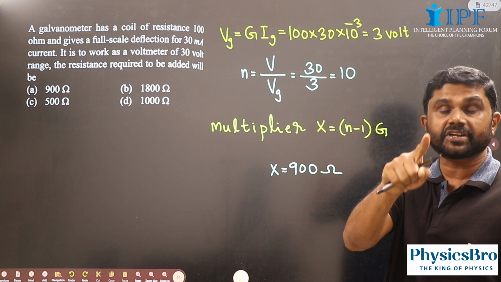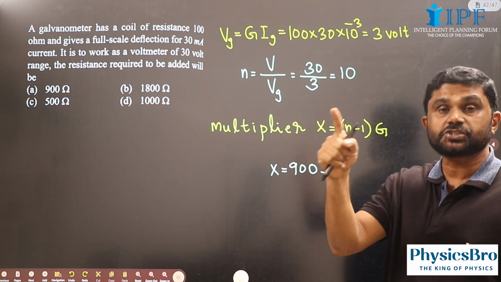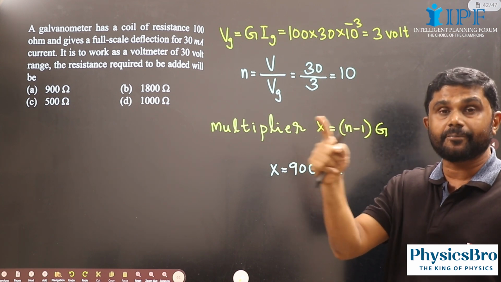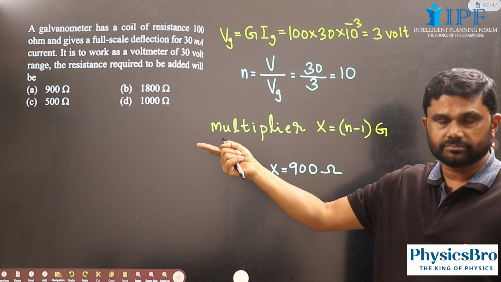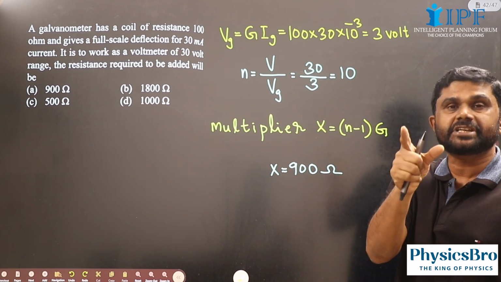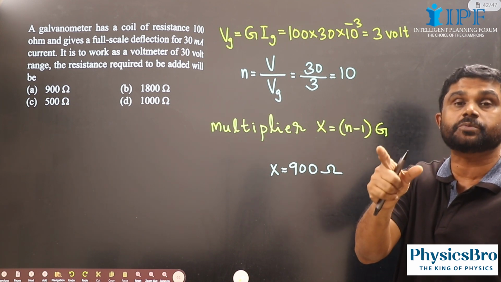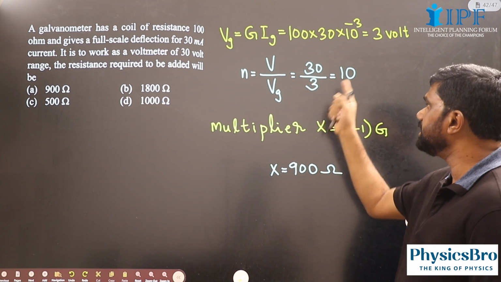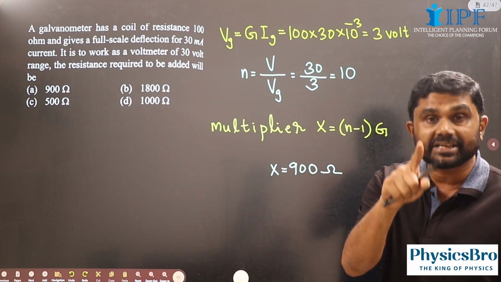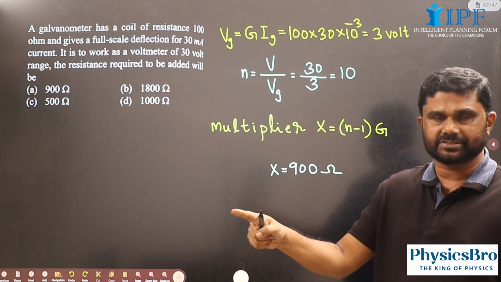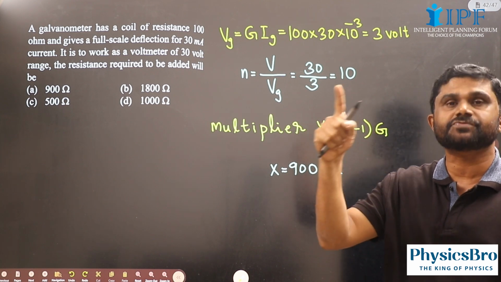Initial full scale deflection voltage is 3. It is to be converted to measure a maximum voltage of 30 volt. Means the voltage capacity is to be increased by a factor of 30 by 3, that is 10. The required high resistance to be connected in series is N minus 1 into G.